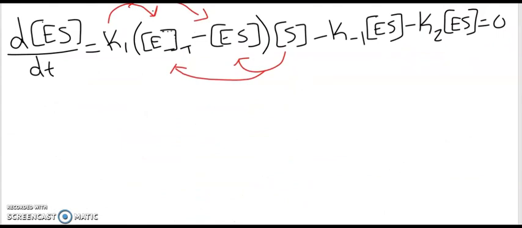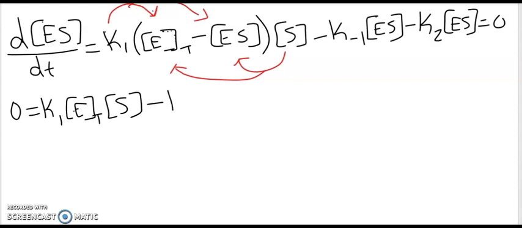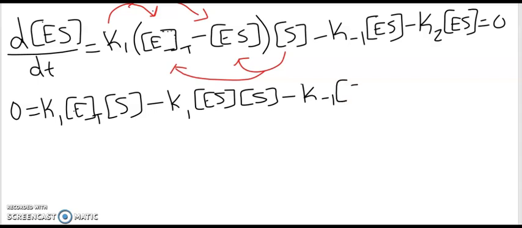And when we do that, we get 0 equals K1 times E total times S, minus K1 times ES times S, minus K minus 1 times ES, minus K2 times ES.